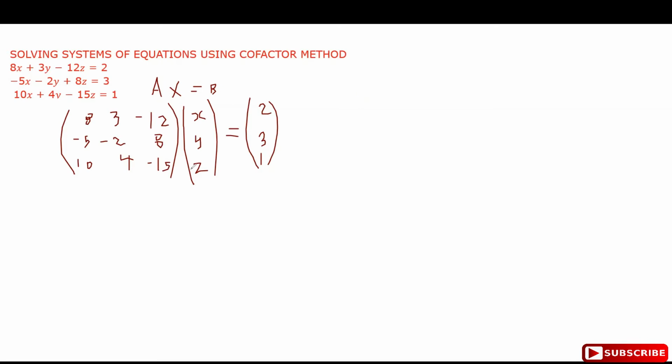Right, so let's go ahead and find the inverse of this matrix. To find the inverse, the first thing we need is a determinant.